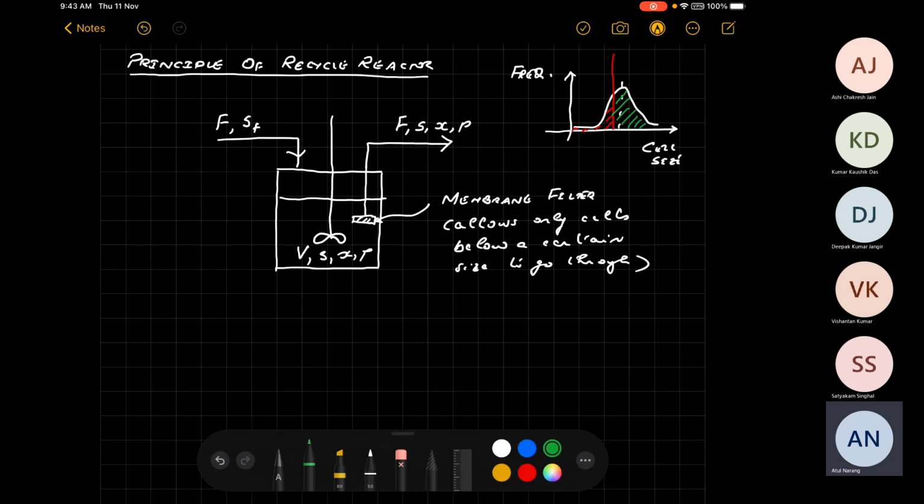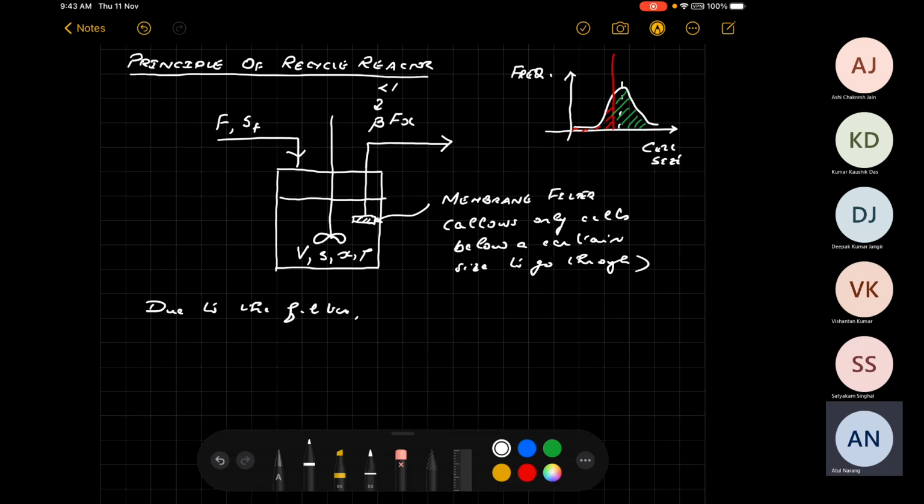And let's assume that because of this, the picture changes. So now you assume that due to the filter, keep in mind that this filter is allowing the liquid to pass through the way it was earlier. So now the picture has changed in the sense that instead of this picture over here, what I have is that the flow rate of the cells is, let's say, beta times FX, where this beta is less than 1.